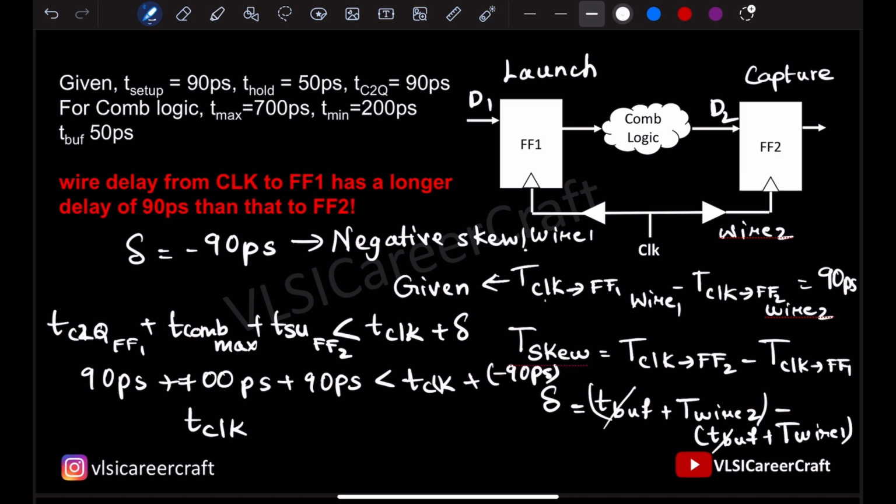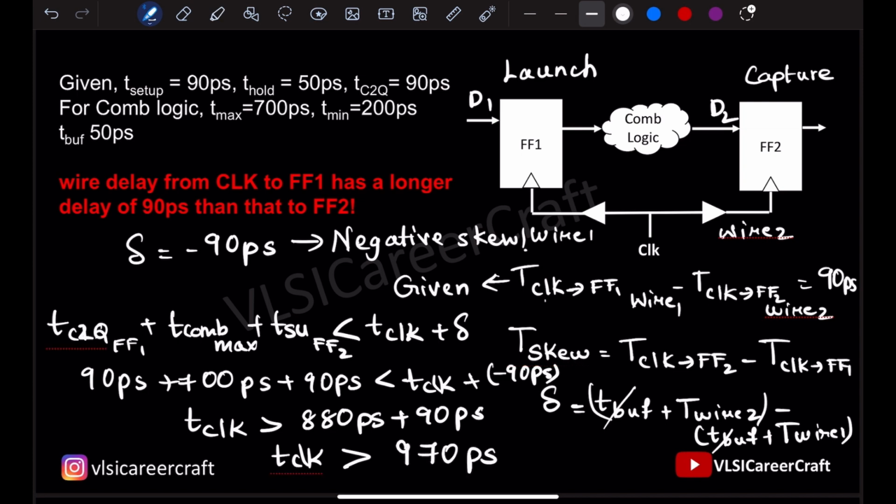After calculating, this becomes 880 picoseconds plus 90 picoseconds. That is nothing but T clock should be greater than 970 picoseconds. So this is our answer, and this should be the minimum clock period in case of negative skew.